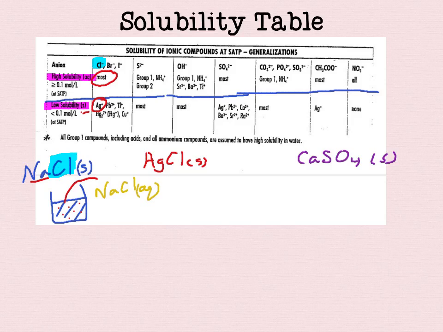Well, the table reads, based on the anion of sulfate here, that most sulfate ions are highly soluble, except that there are 6 ones to watch out for. And look at that, calcium is an exception. So the calcium sulfate, when it goes into water, will not dissolve. So it will remain a solid.